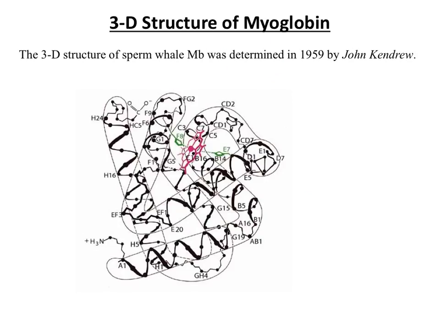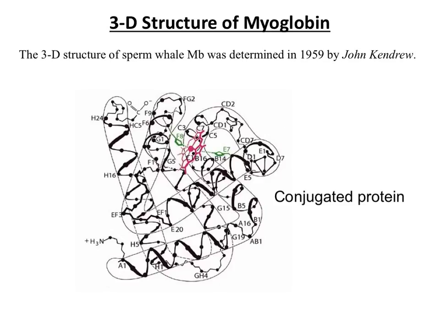Myoglobin is an example of a globular protein. Those are proteins that are soluble in water. They will place hydrophilic amino acids on the surface and hydrophobic amino acids in the core. Myoglobin is a conjugated protein.